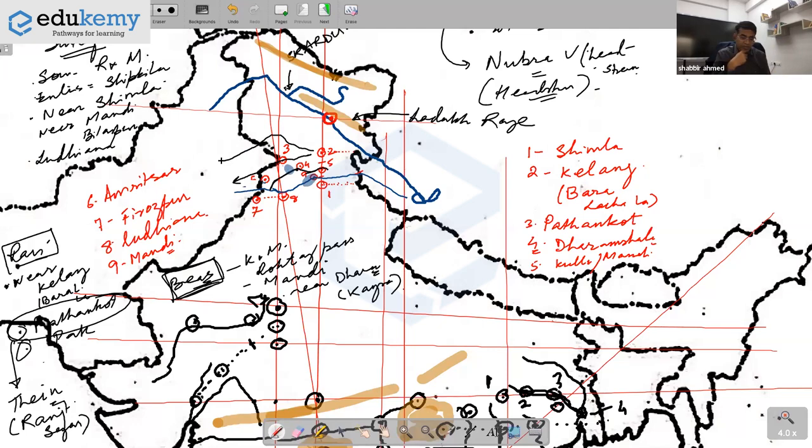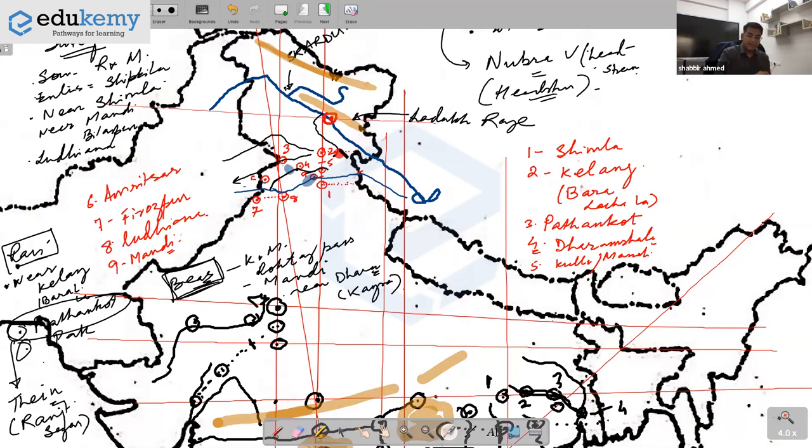Zaskar River will go and join the main Indus, that we can mark. Zaskar River's source is also from Baralachala. It's something like this. Zaskar River goes northwards and joins near Leh.